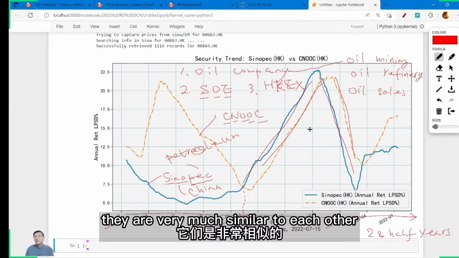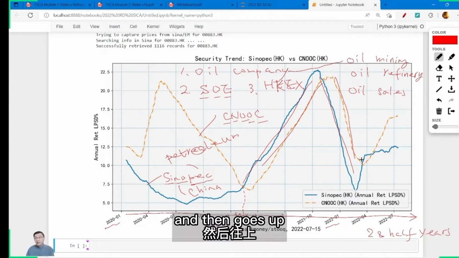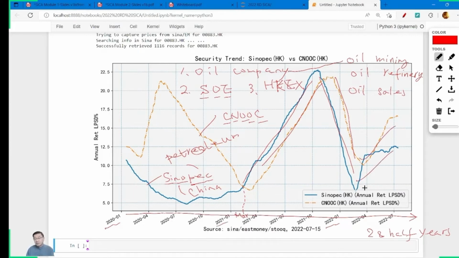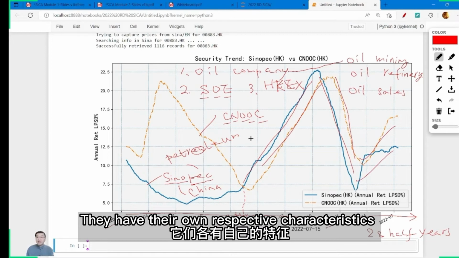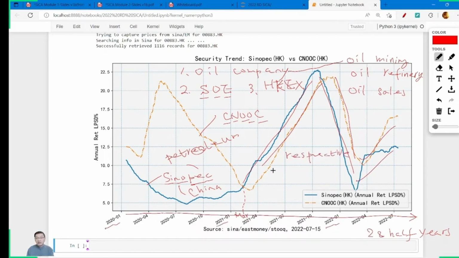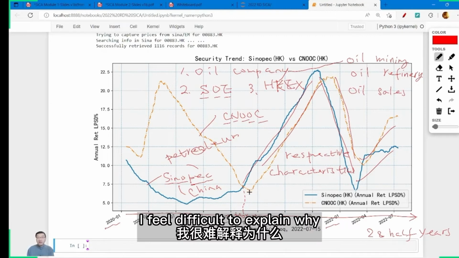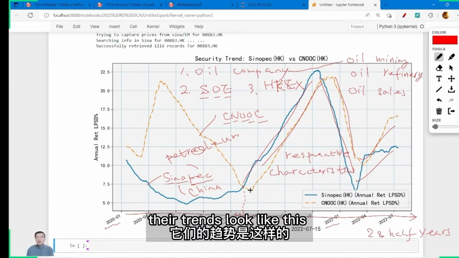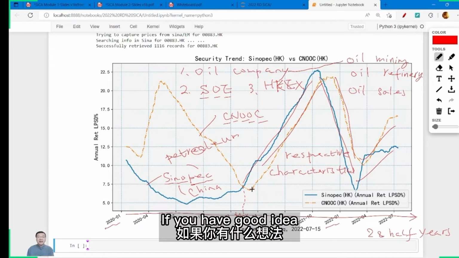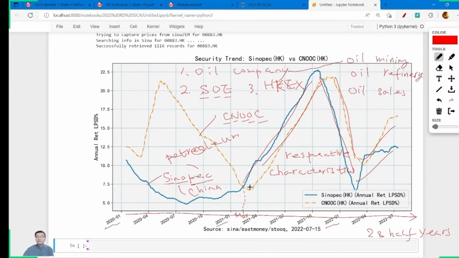They are very similar to each other, and then they go up, each with their own respective characteristics. To be honest, I find it difficult to explain why their trends look like this. If you have a good idea, you can share it with us.